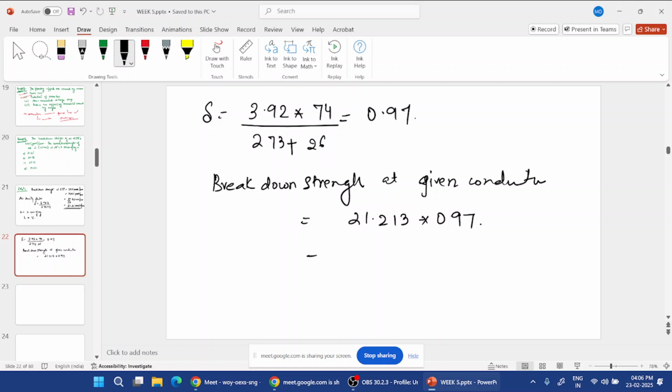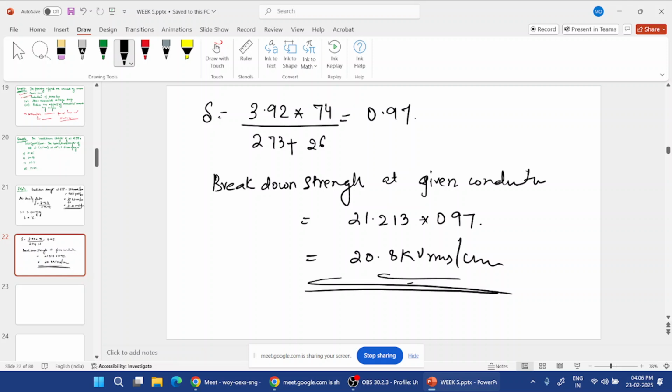So if we calculate it, it comes out to be 20.8 kV RMS per centimeter. Okay, so it's a direct relationship. At any temperature and pressure, first we have to calculate delta, which is the air density factor, and multiply it by the standard value.